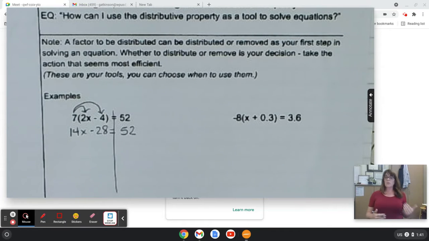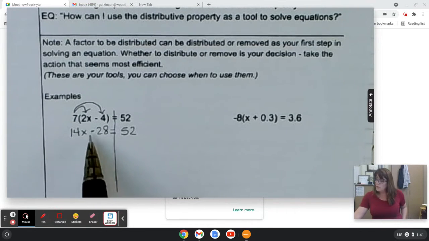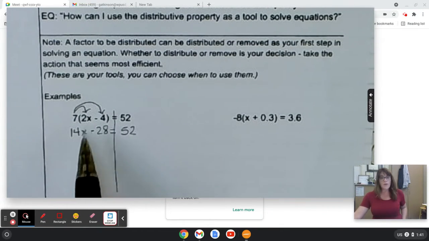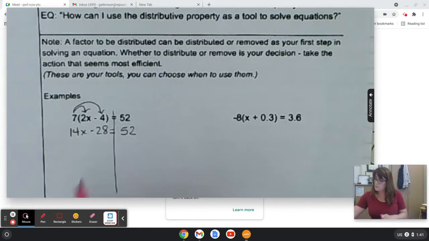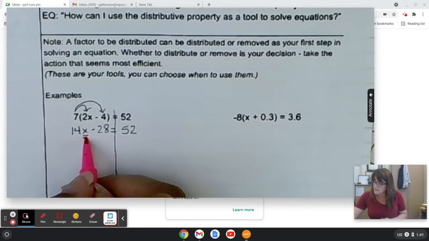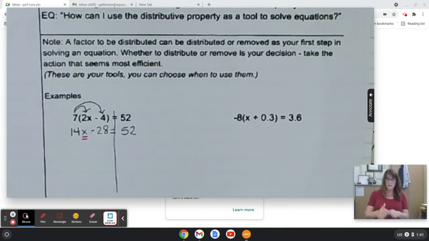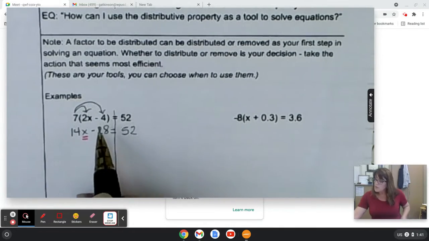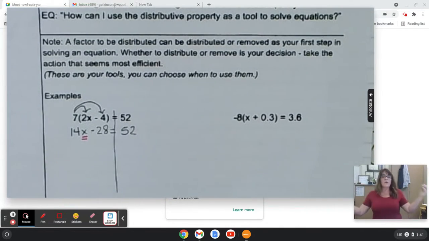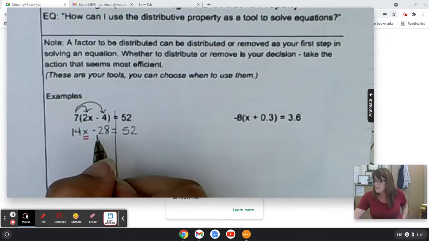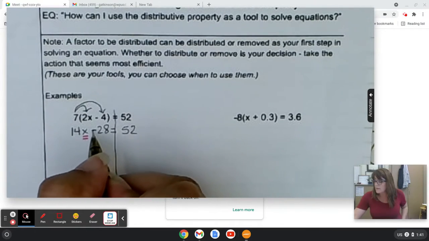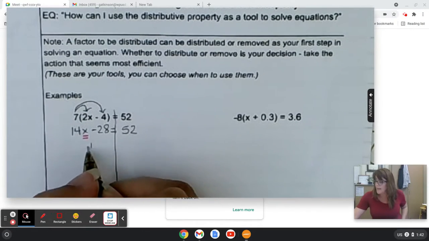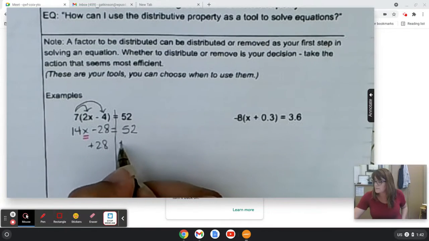Now we revisit what we did in our last video. X is the thing I'm wanting to isolate. Sorry about that. So I want to move everything away from x. I'm peeling away the layers to get x isolated. Instead of negative 28, I'm going to add 28 to both sides.